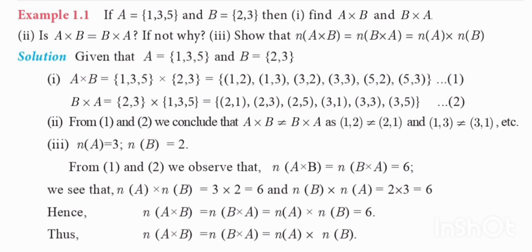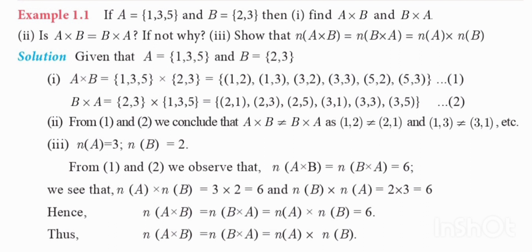So it's completed. Now, second subdivision, we are moving to the checking part of whether they are equal or not, that is, whether A cross B is equal to B cross A. Now we take one element 1 comma 2 in the Cartesian product A cross B. If we check whether the element exists in B cross A, it is not there.